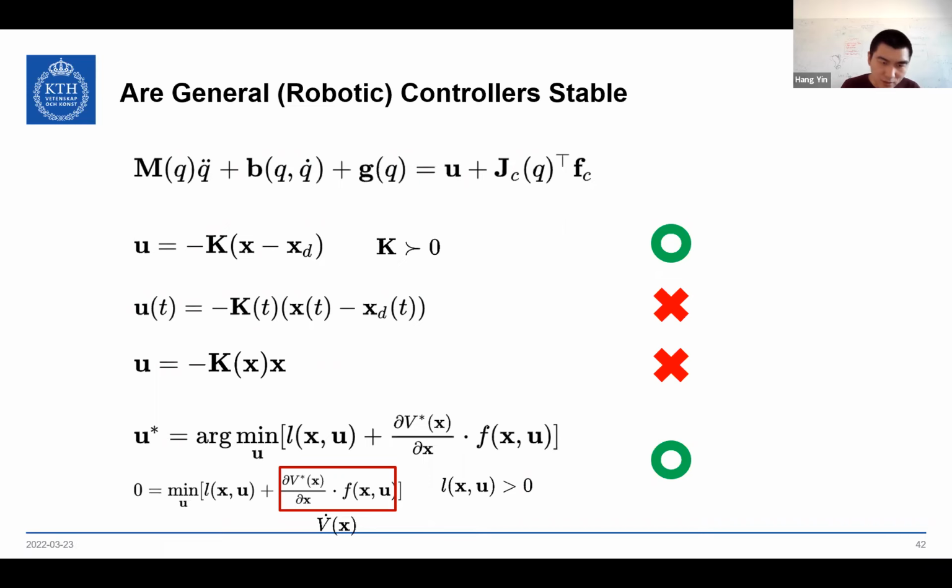And this one is probably the most interesting one. You recall that from the HJB equations, you also have the form of your optimal controller. Is that stable?